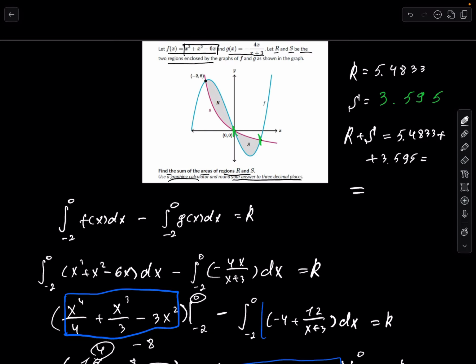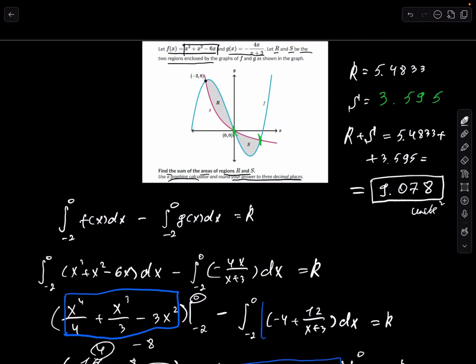So let me pull up my calculator. 5.4833 plus 3.595 gives us 9.078. That is your final answer. And what does it mean? It's actually the area, so it's going to be units squared.